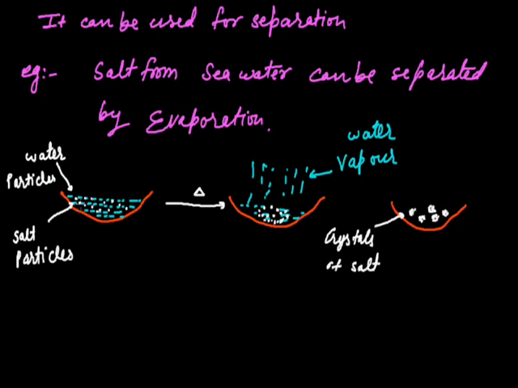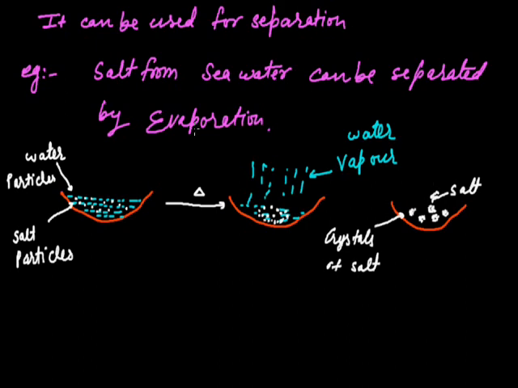Here the particle size of salt is too small, so we can't observe it with naked eyes. But the crystal of salt is very big, much bigger than these small particles, so we can observe it. So after heating we get crystals of salt and water has been evaporated.